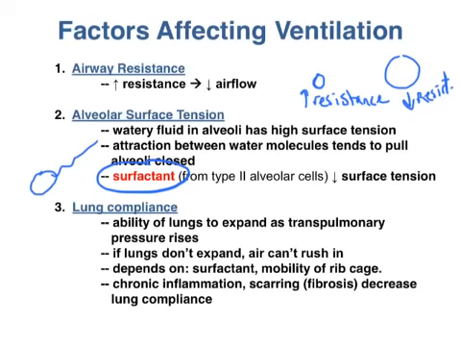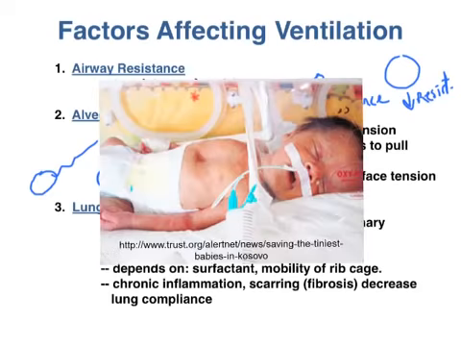So premature newborns may need to be on a ventilator because they don't produce enough surfactant. And if they don't produce enough surfactant, it requires just too much energy to completely reinflate their lungs. The chest can actually take on a caved-in look because the lungs are collapsed. This is known as infant respiratory distress syndrome.